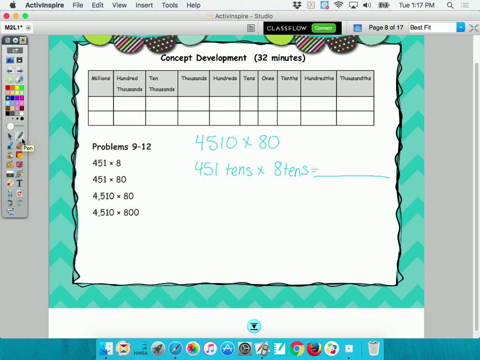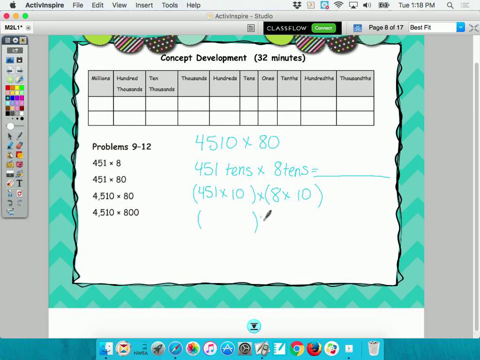All right, so now to put this in groups for the associative property. 451 times what? 10. And 8 times what? 10. So now, what numbers are we going to move around?